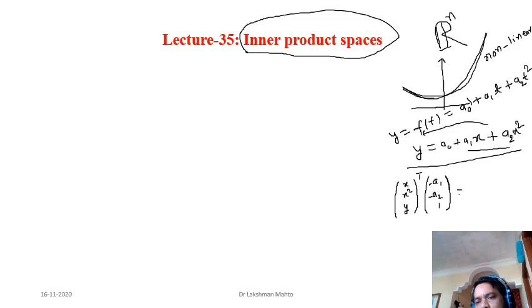A dot product always happens to be a scalar number, equal to a naught. So what you observe: call this vector x, or you can call it basis vector x. You are writing it as x transpose. Call this vector w, the weight vector w. x transpose w equals a naught.